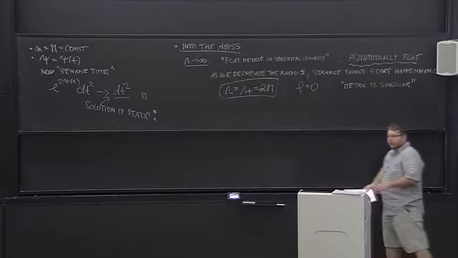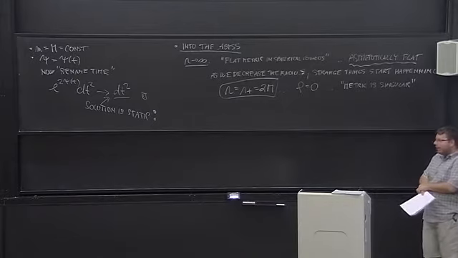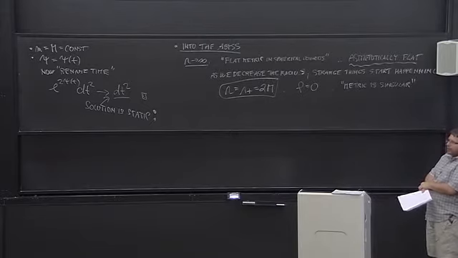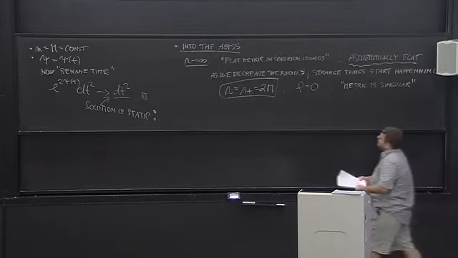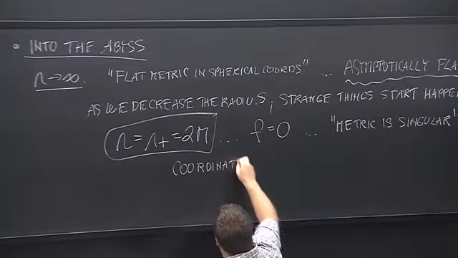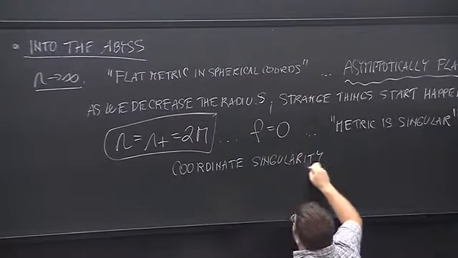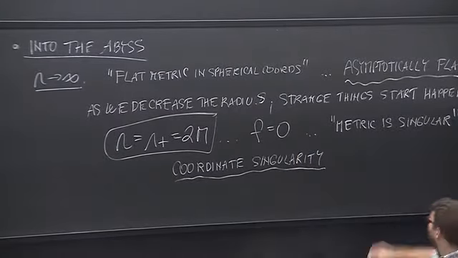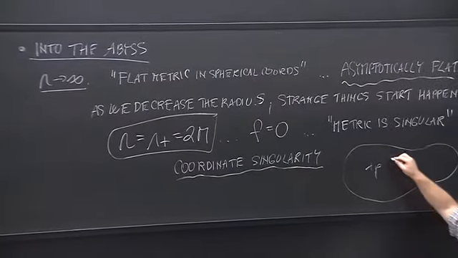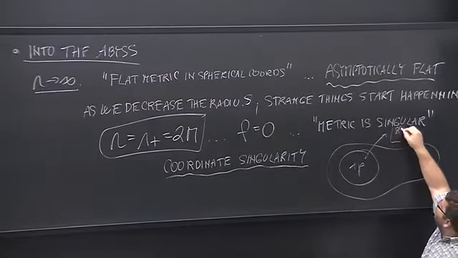However, as I will show you tomorrow, the singularity is not fatal. It doesn't mean that the spacetime ends at r equal to r plus. It simply means that our coordinates are bad coordinates. That's why this is called a coordinate singularity. Remember, when we were describing manifolds, we always chose a point p, and said in the neighborhood I have this region where I have a nice map to R^n.